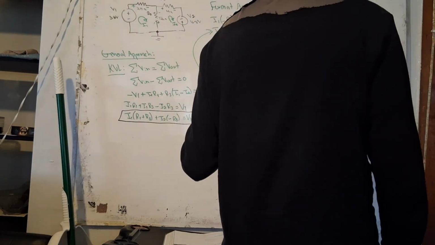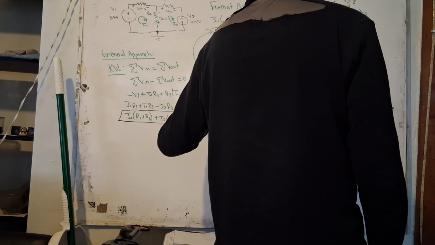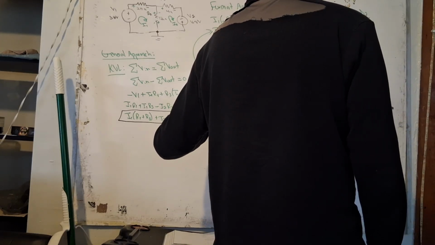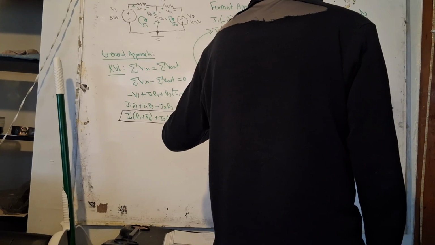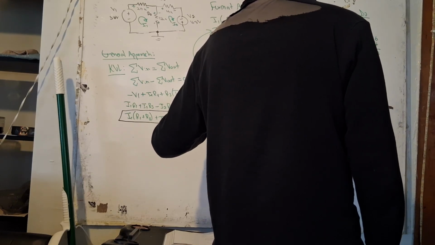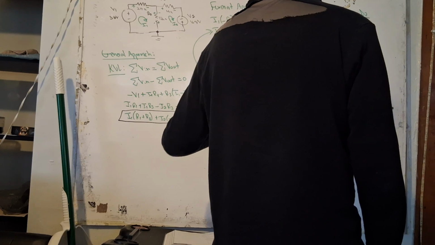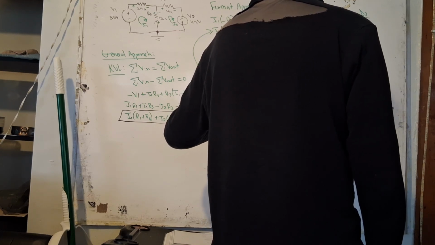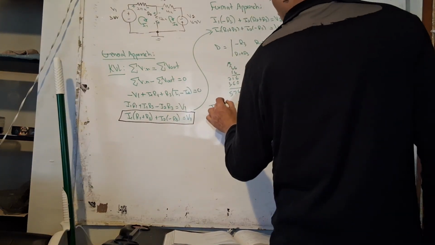So I1 we'll say is V1, negative R3, and then V2 here, then over here, well this is R2 plus R3, and this is negative R3. This is how we solve for I1.